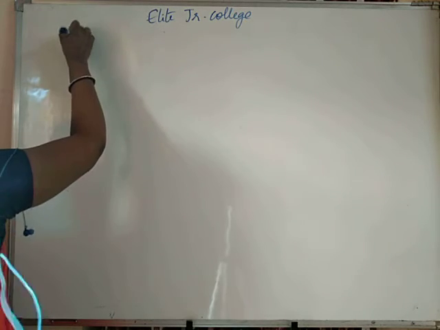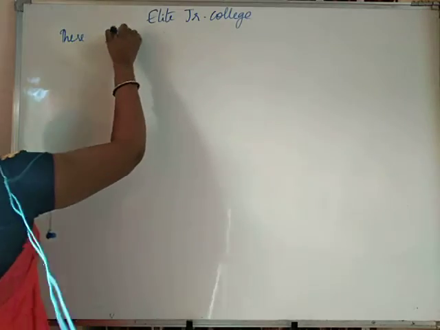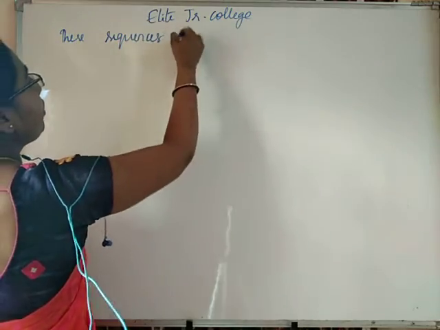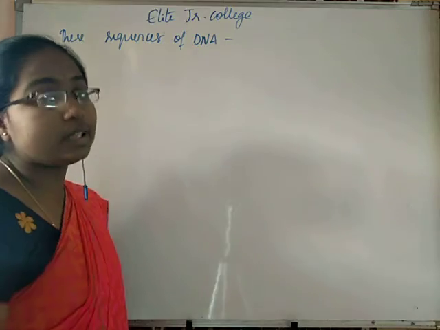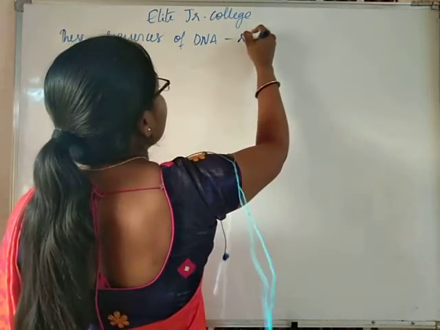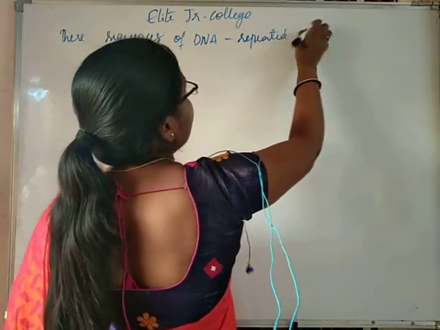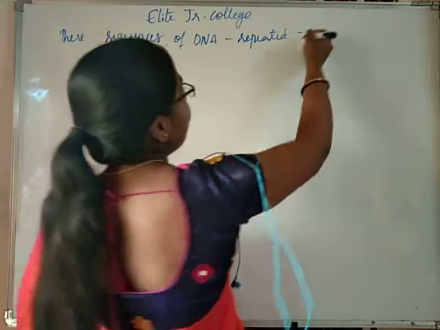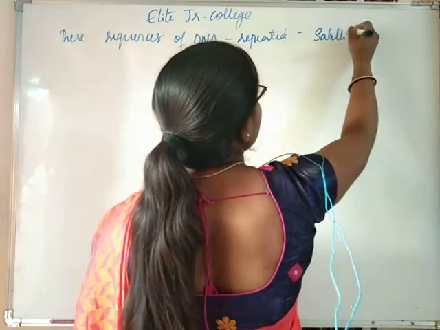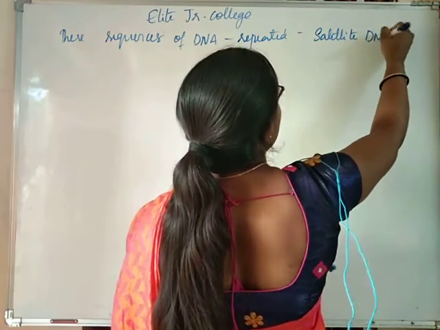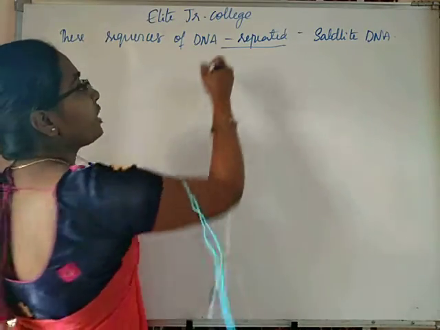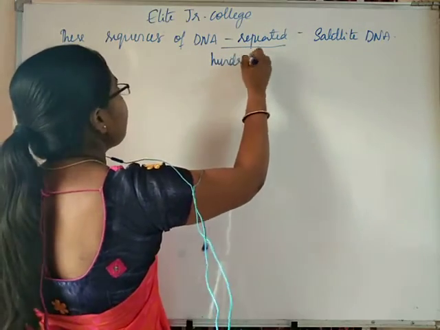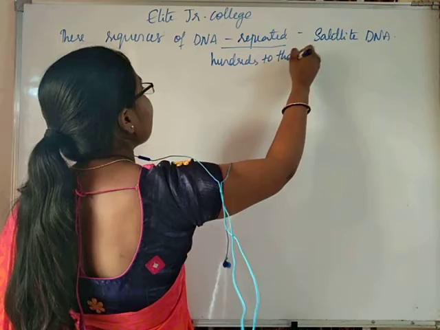See students, these sequences of DNA which are repeated several times are found in the satellite DNA. These repeated sequences can be repeated any number of times, from hundreds to thousands of times.